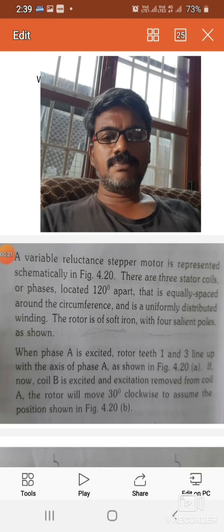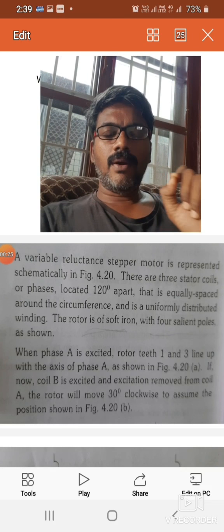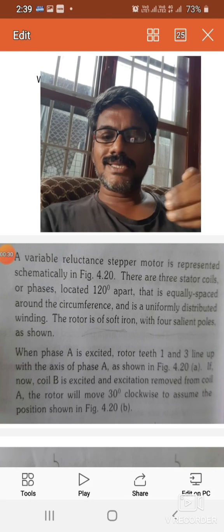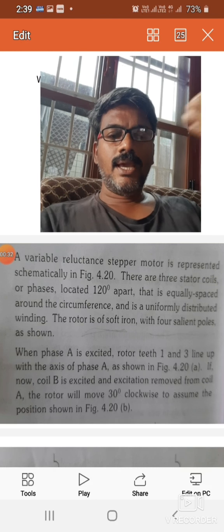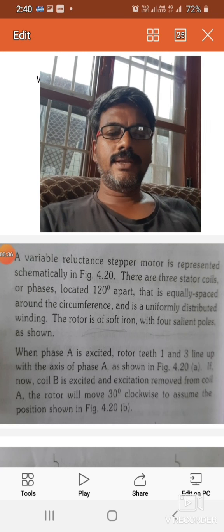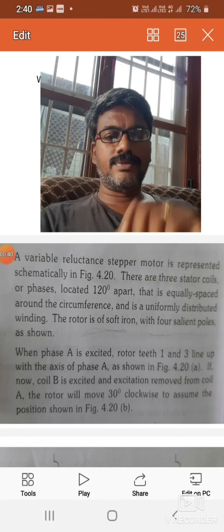So the sequential pulses may all be delivered to the same motor winding or successively to different coils in the motor. So pulses do not have to be delivered at any fixed rate.